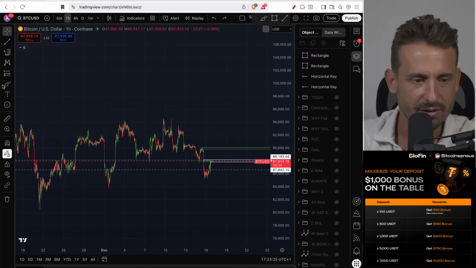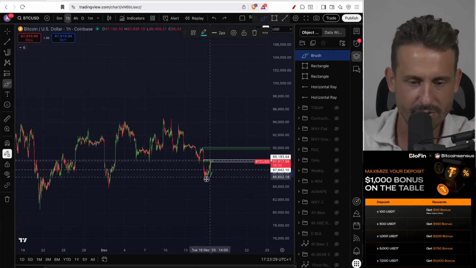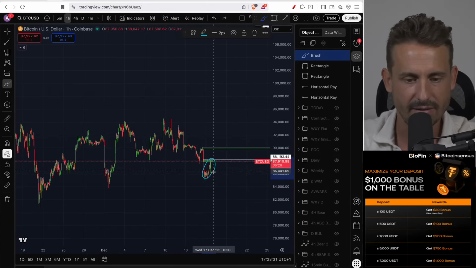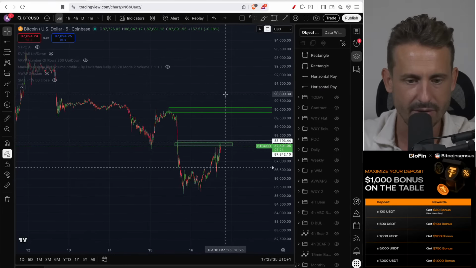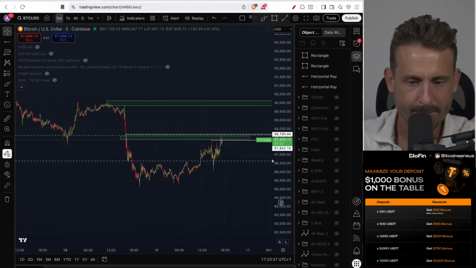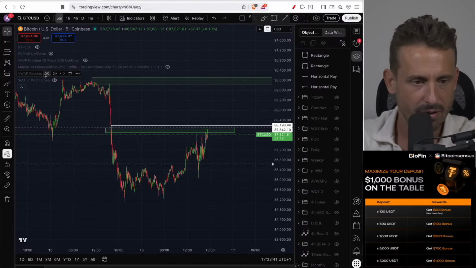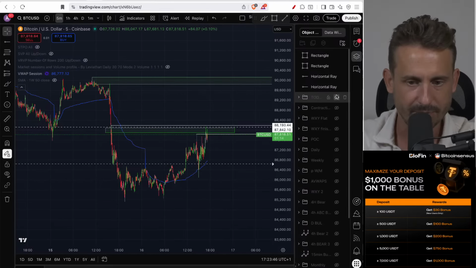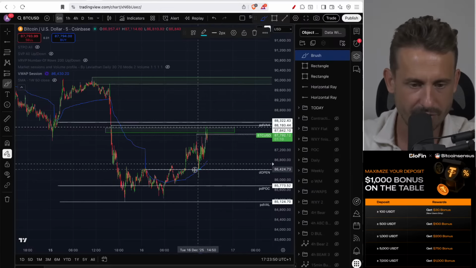Unless you longed yesterday at lower prices, it's very difficult with this choppiness to consider any long positions, at least in my opinion. Unless you longed here at the VWAP today. There was a VWAP slap here. Tap with the daily open. A bit of a sniper trade right there.